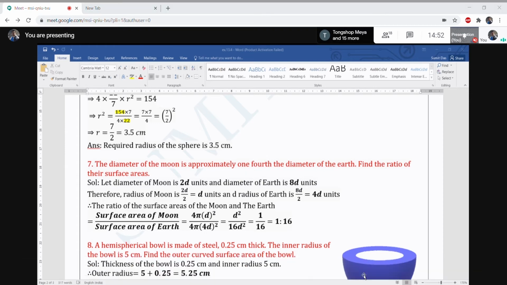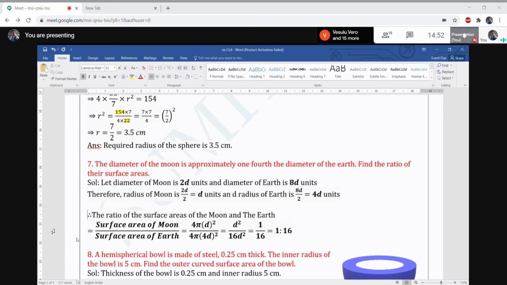Then, in the next line, therefore, what will be the radius of the moon? Obviously 2d by 2, that is d. And the radius of the earth is 8d by 2, that is 4d units.